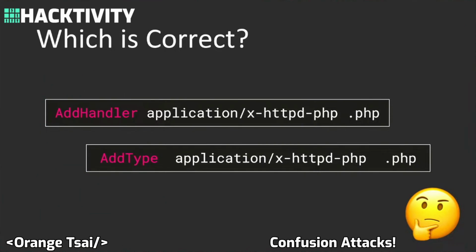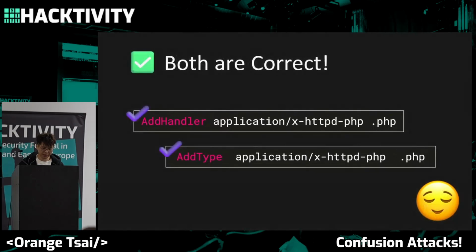For example, when a website admin wants to set up PHP on his machine, he might come across 2 common directives, @handler and @type. Which one do you think is correct? Actually, both are correct. Both methods can properly get PHP running.